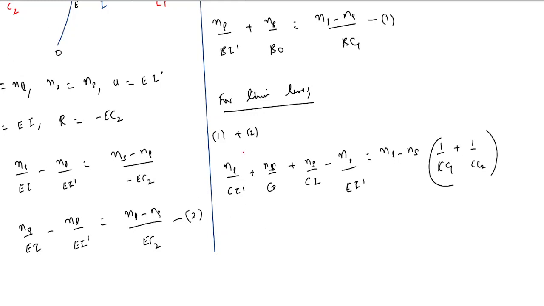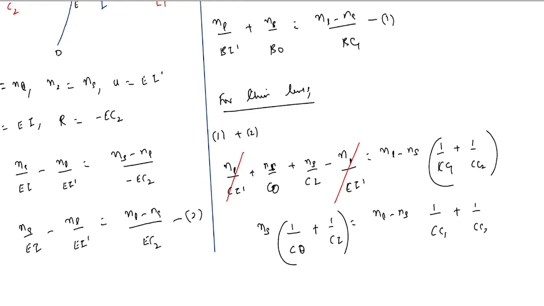From here, this term is cancelled. So what remains here is ns is common between these two terms. So ns comes out, and for the term over here, 1 by CO plus 1 by CI is equal to nl minus ns, 1 by CC1 plus 1 by CC2.